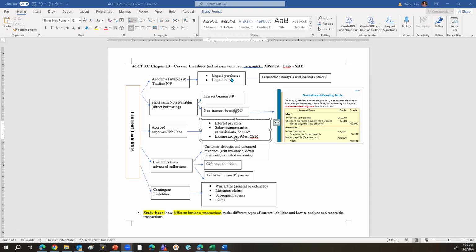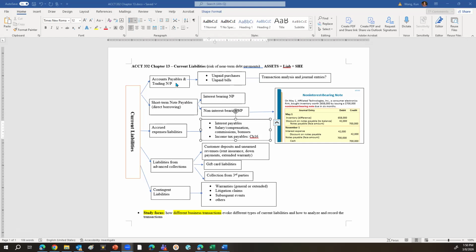If you purchase inventory or if you incurred expenses and you haven't made the payments, you have accounts payable, or open accounts payable, or trade notes payable. For trade notes payable, normally you have a formal legal contract, rather than just being supported by an invoice only.